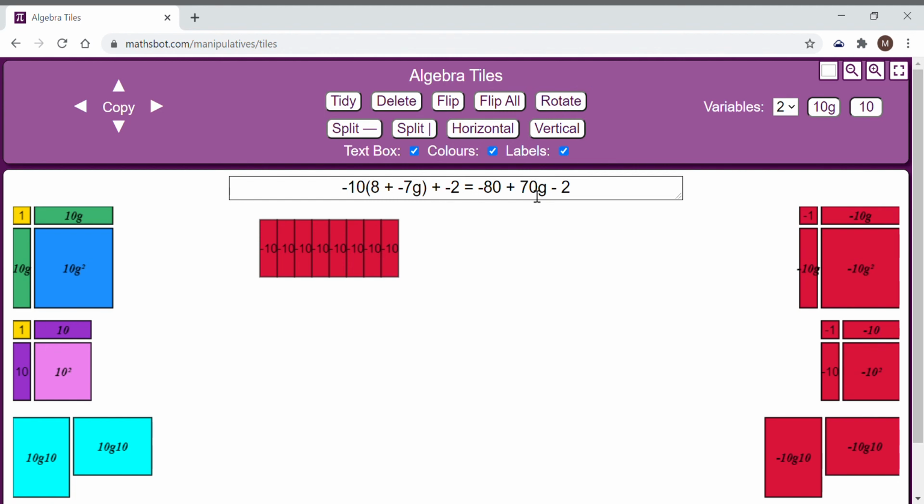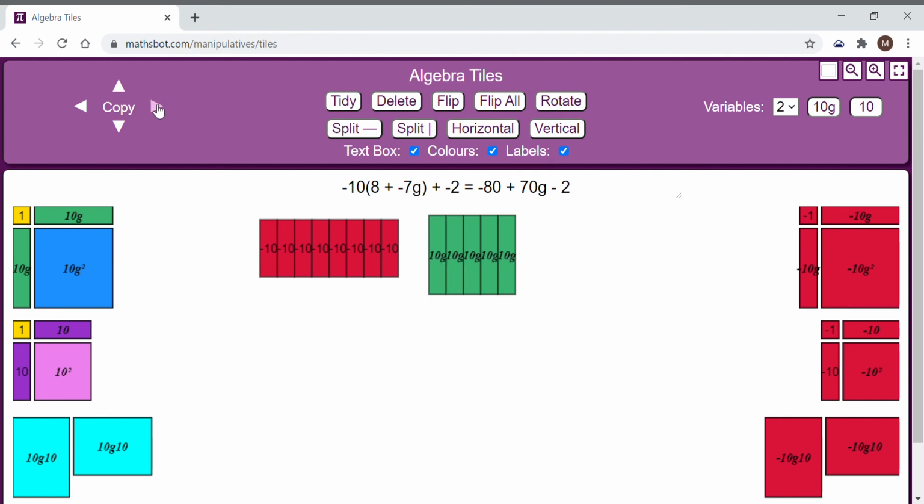And then we need 70g. So we're going to take the 10g and make 7 of them. 10g, 20, 30, 40, 50, 60, 70g. And then the minus 2. So 1, 2.